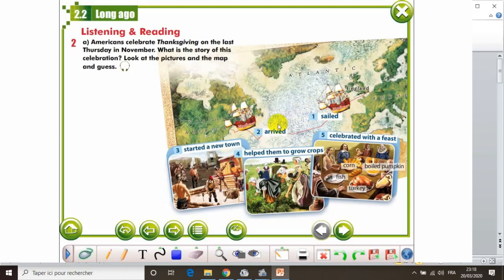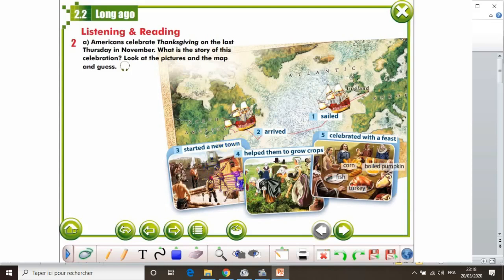But here in our case we speak about the group of English people. You see England, the group of English people, they are here. They moved, who sailed, okay, to North America. They sailed to North America on the ship, the Mayflower. You see Mayflower here? The ship is called Mayflower, where they formed the Plymouth colony.